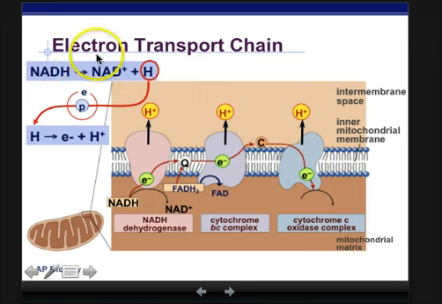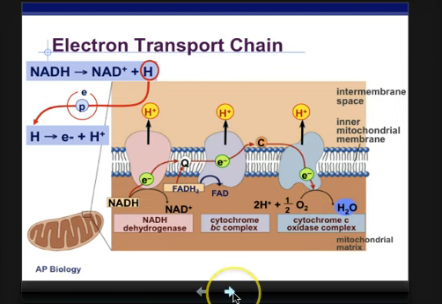This is a little bit higher energy. And we're also going to have 2 hydrogen and 1 molecule of oxygen to give us a byproduct of water right here.